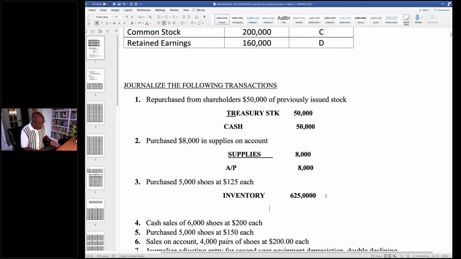Accounts payable. And how much are we going to credit it for? 625,000. Okay. Any questions on that entry?